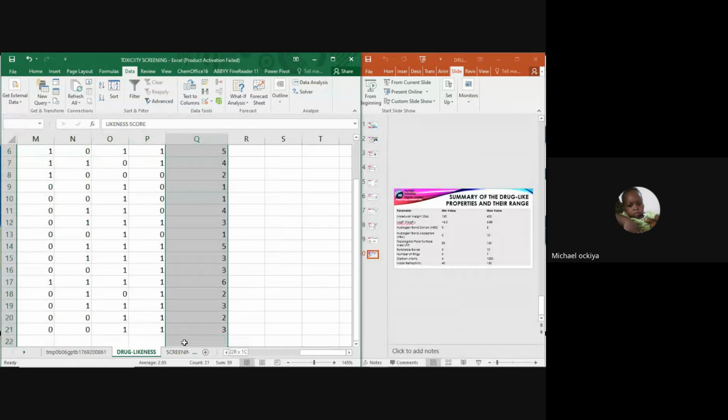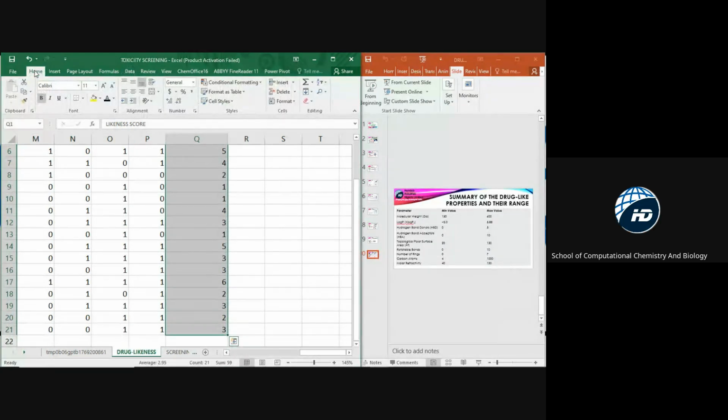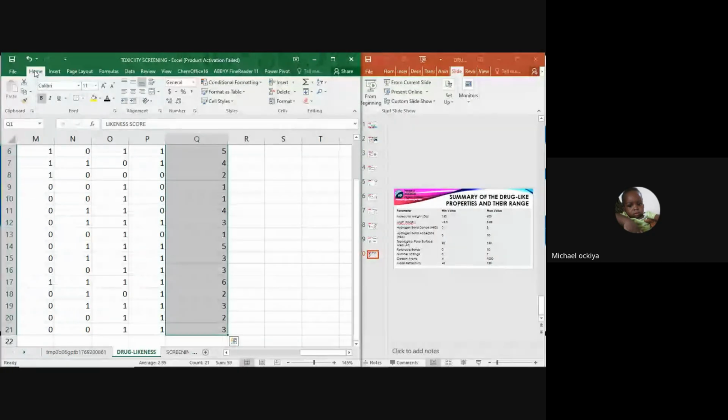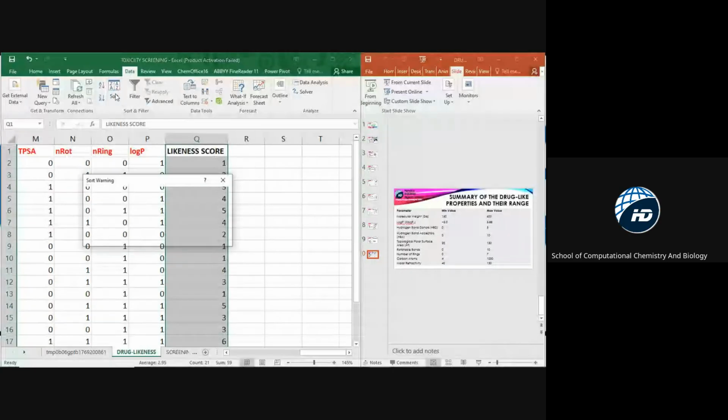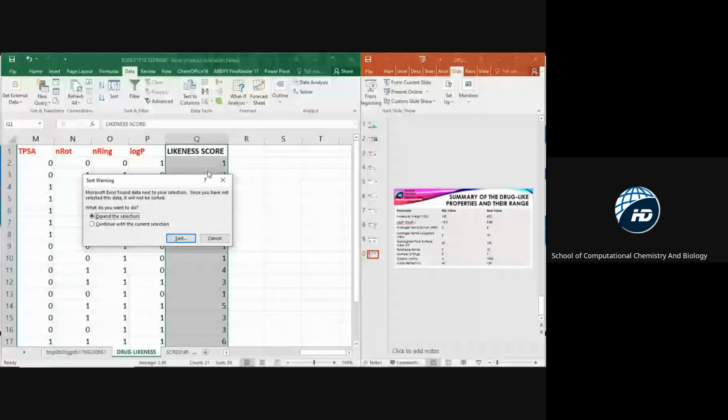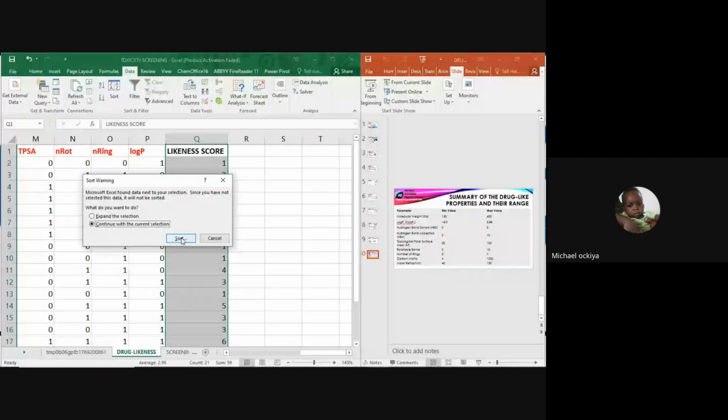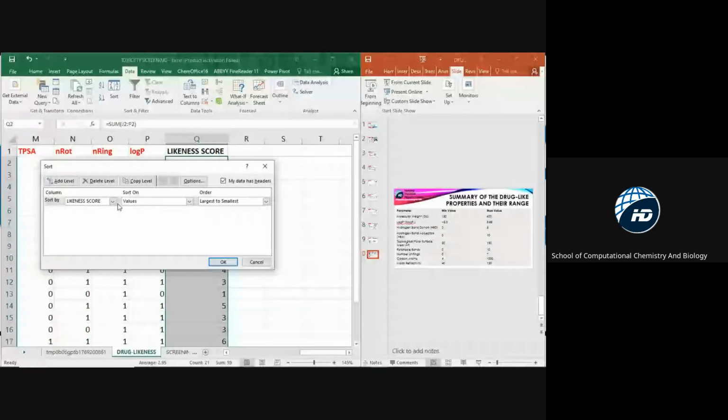You can see sort from smallest to largest. It's in Data. We have been doing that, but I don't know why this one doesn't want to continue with the current selection. I'm sorting the likeness score.